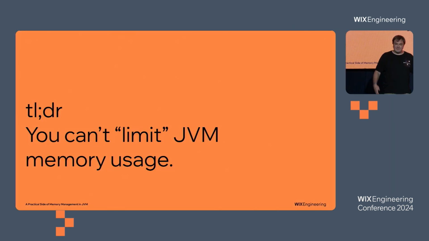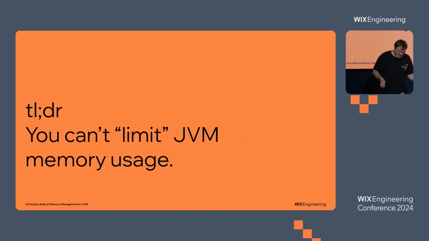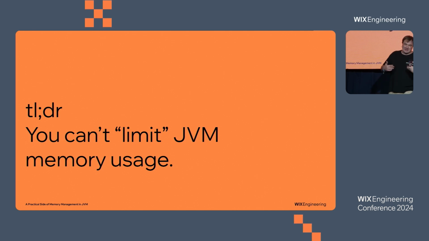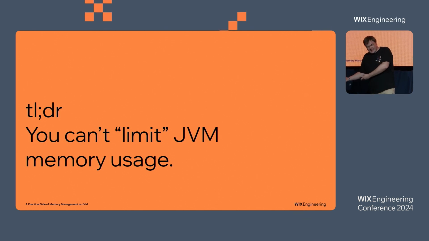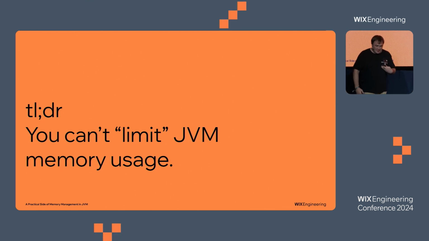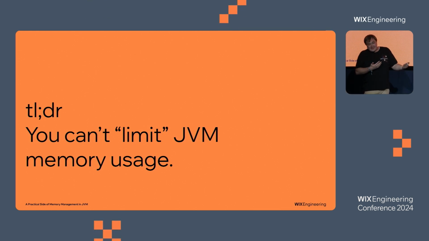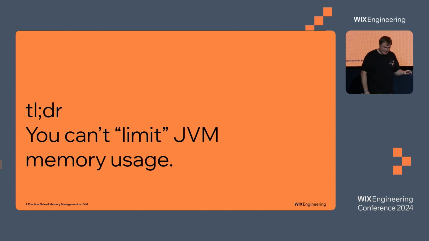So TLDR, you cannot limit the memory usage of the JVM at all. So there is no way of protecting our application from being killed by the out-of-memory killer. And this we need to keep in mind. Basically, we need to hope that our configuration is good enough to not be killed, but there is no guarantee at all.